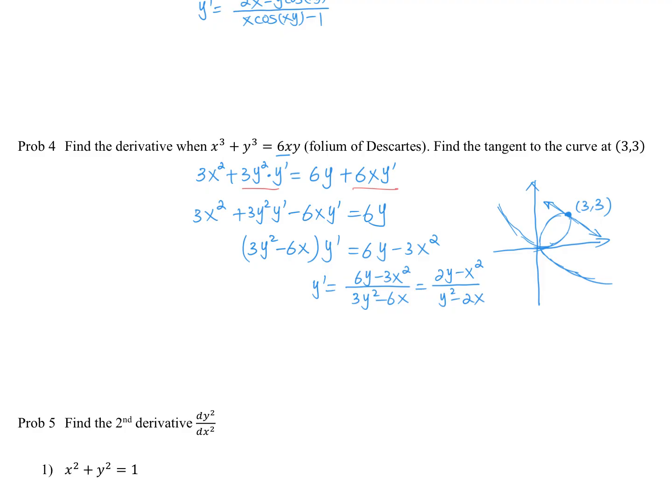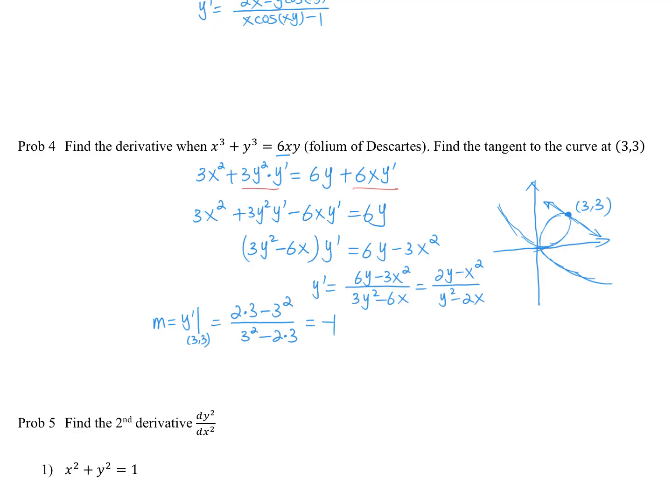Now we've got the derivative of y, so we should be able to find the slope at this point and then find the tangent. So the slope is going to be y prime evaluated at (3, 3). Let's plug in the 3 into here. So we have 2 times 3 minus 3 squared, and then 3 squared minus 2 times 3. And you can see that they are the same thing, just switched position.